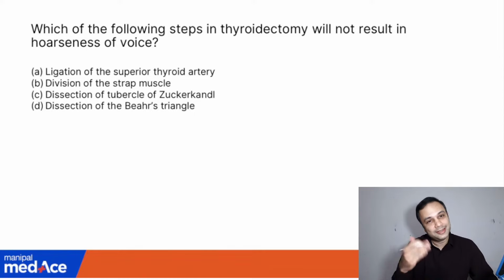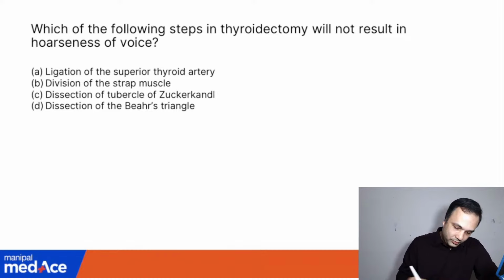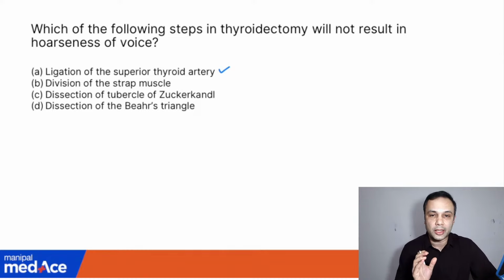Let's dissect all these options one by one. First, ligation of the superior thyroid artery. This is the superior pedicle or the superior pole of the thyroid gland.